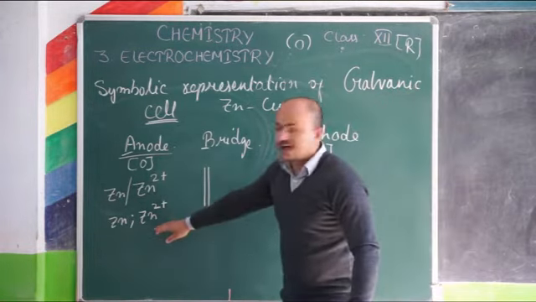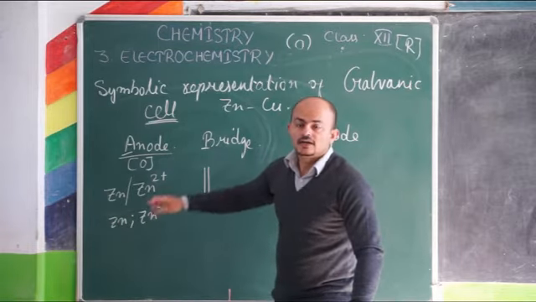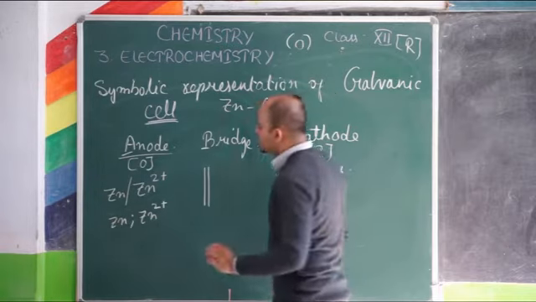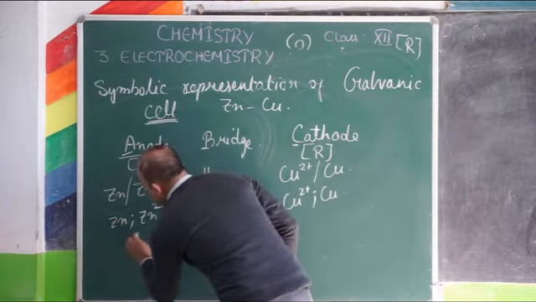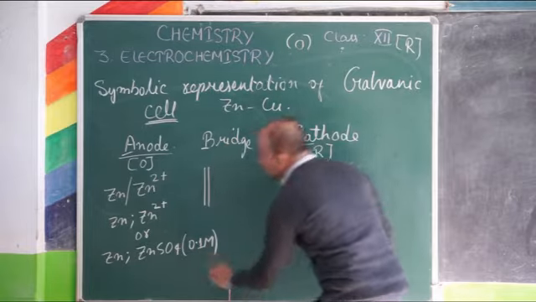Or instead of ion form, we can also write this in the electrolytic form. For example, zinc dissolved in zinc sulfate, this electrolytic form, and you can also mention the concentration of this electrolyte. Like if it is say 0.1 molar, you can mention that within the bracket.